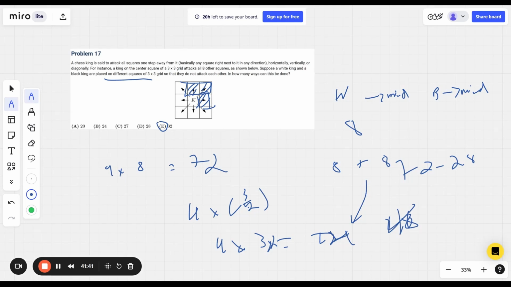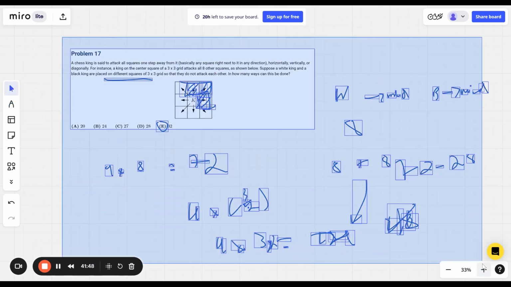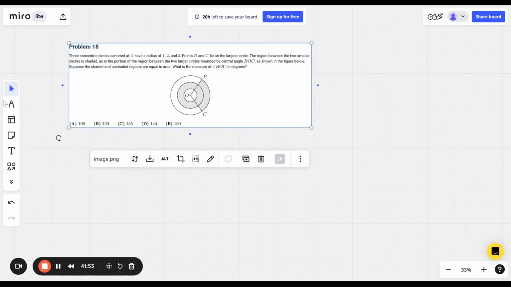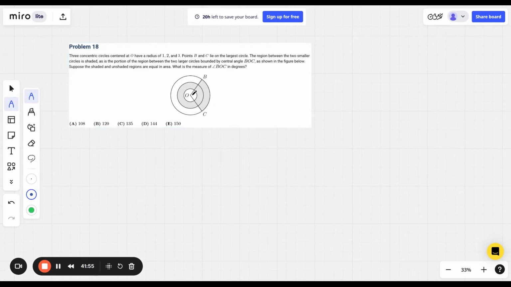In problem 18, three concentric circles centered at O have radii 1, 2, and 3. Points B and C lie on the larger circle, and the region between the two smaller circles is shaded, as is the portion bounded by BOC, and these two portions are equal in area.